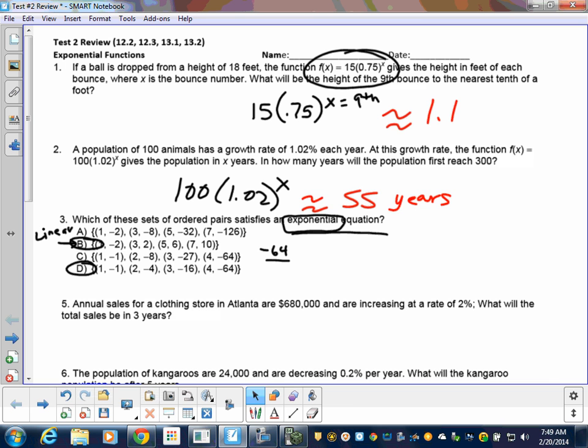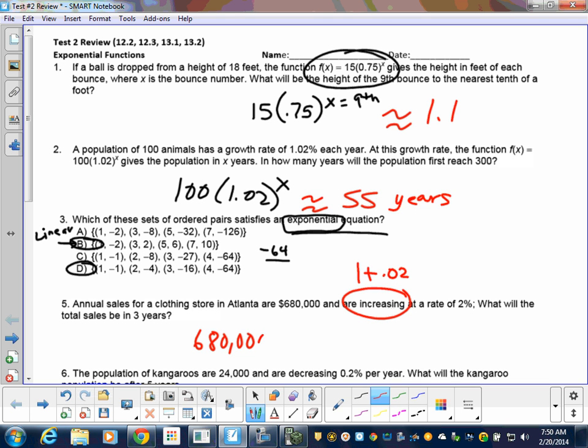When it says increasing, you know you're going to use 1 plus. So as soon as it says that word, it's 1 plus, and then 2% is 0.02. So then you can plug it in, 680,000 times 1.02 to the 3 years, to the third.